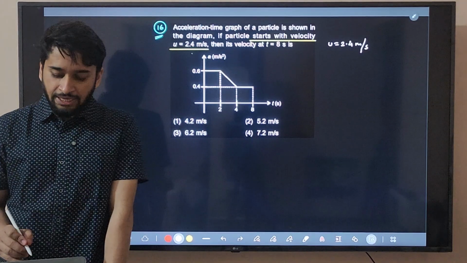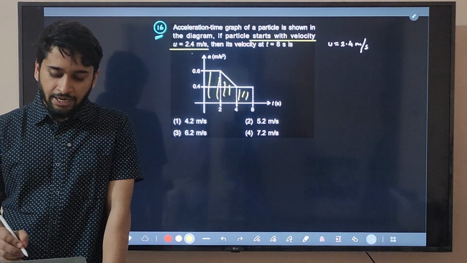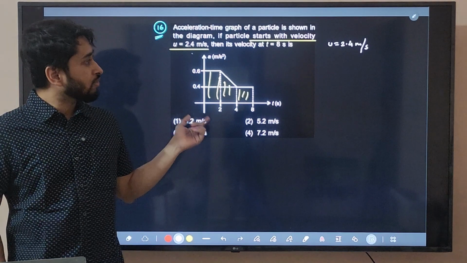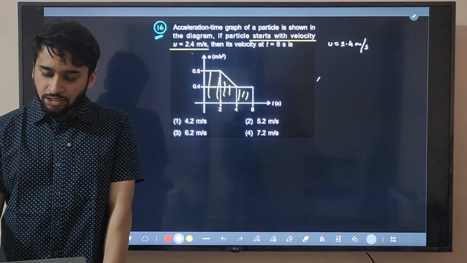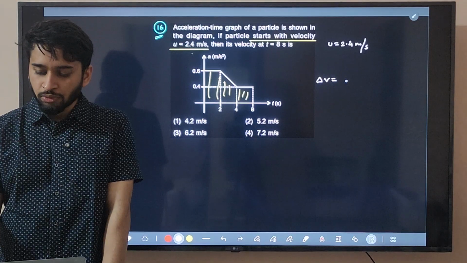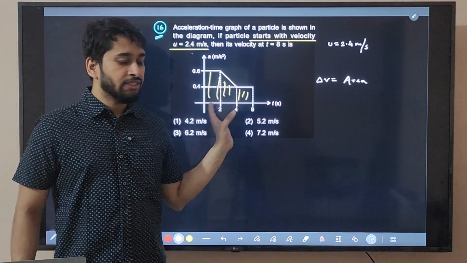So see, area under acceleration time graph gives change in velocity, right? So change in velocity will be equal to the area under the graph. We just need this area.